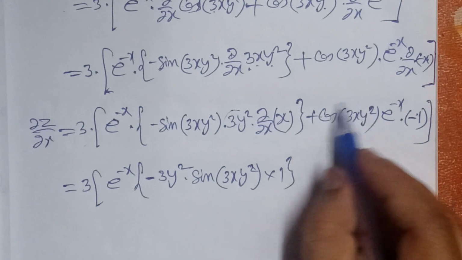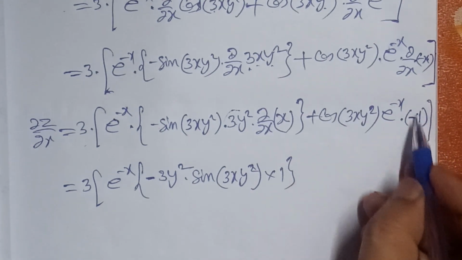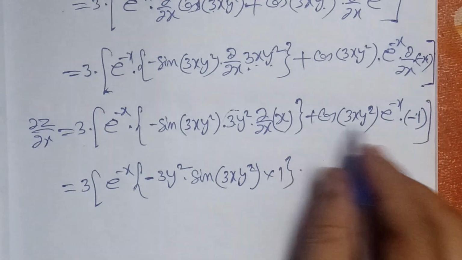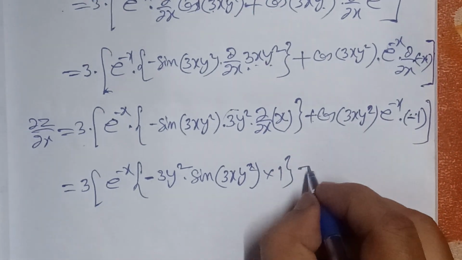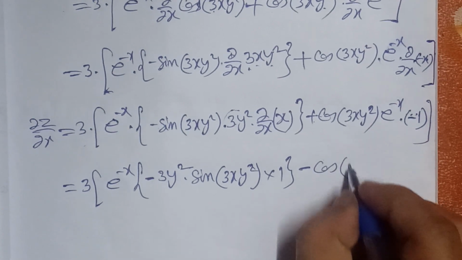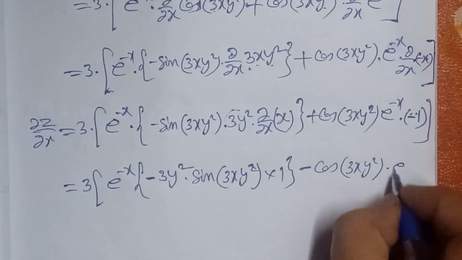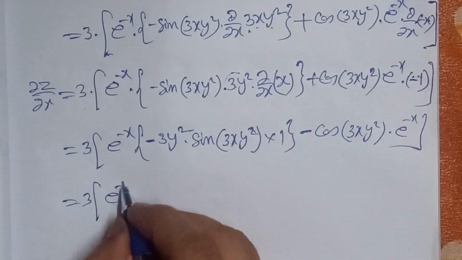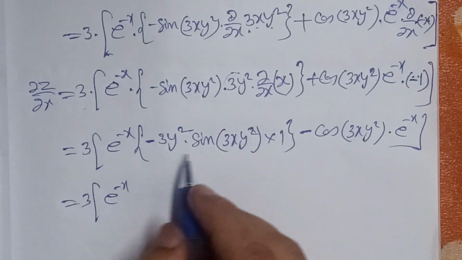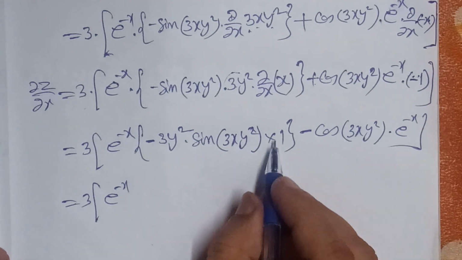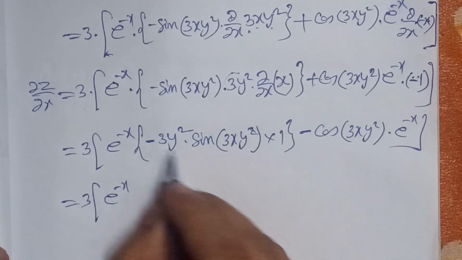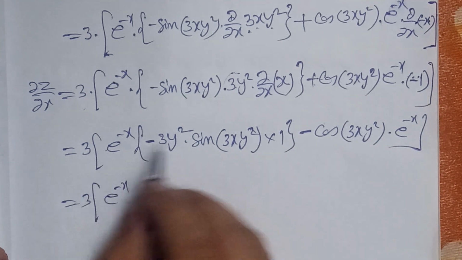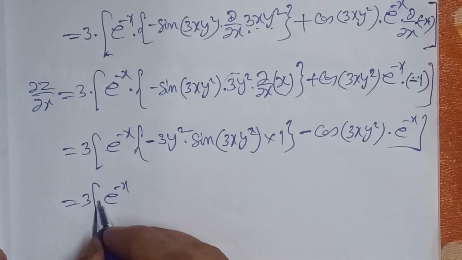On multiplying this positive value by minus 1 we get the same, and plus times minus is minus, so I write cos(3xy²) into e^(-x). 3e^(-x), and multiplying by 1 we get this value, and on opening this bracket, minus times minus gives plus.